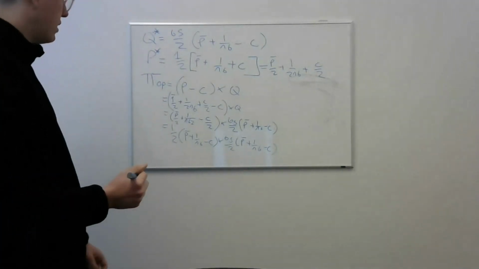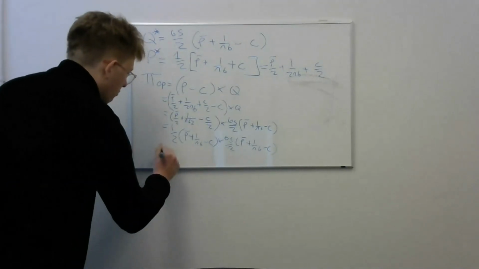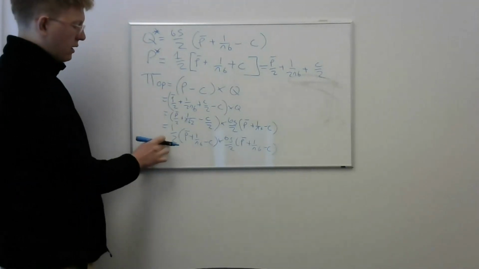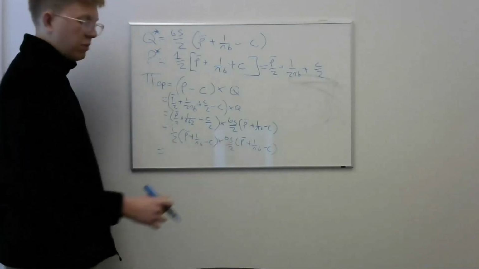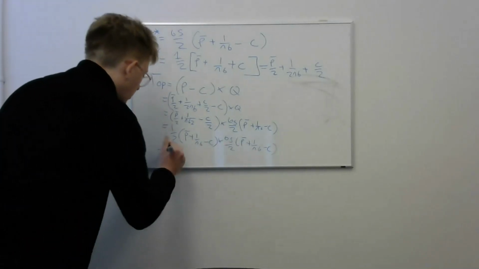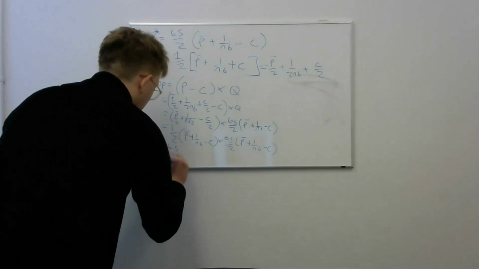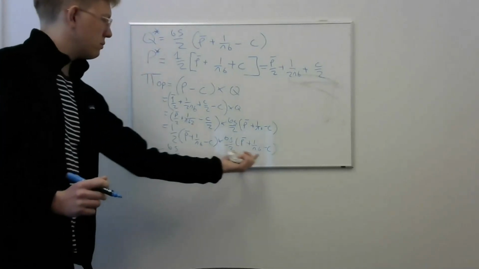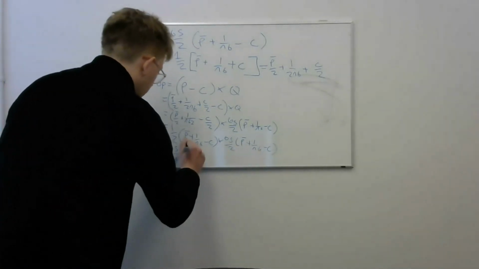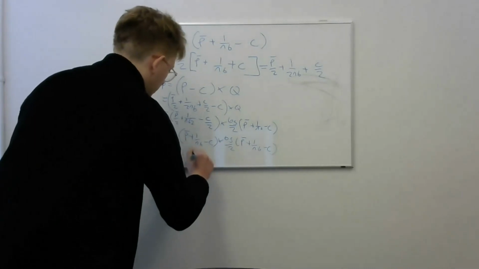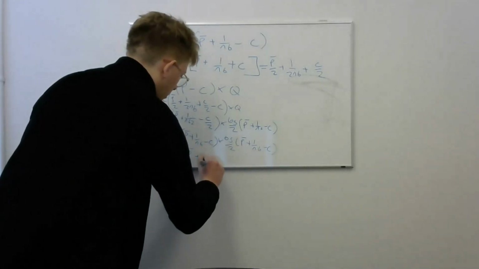So we'll just have to multiply 1/2 and BS over 2 together. So what we'll get is BS over 4. And then these terms can be combined into saying that it's just this term squared.